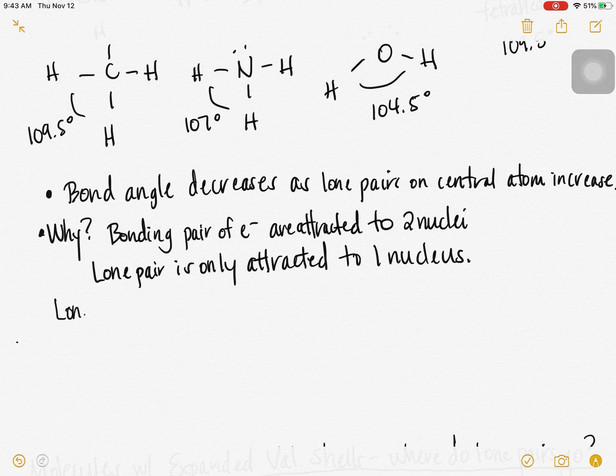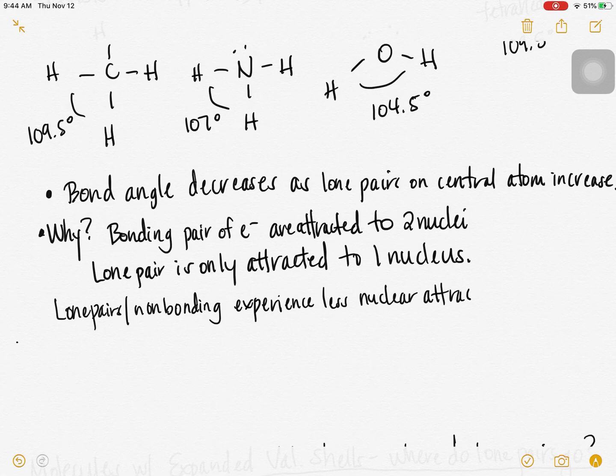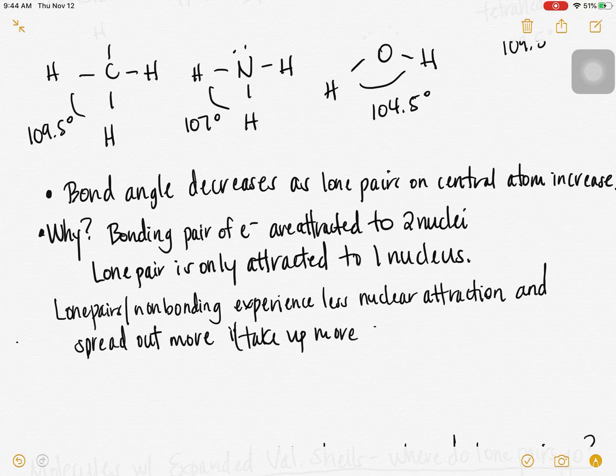And so because of that, the lone pairs, or they're also called non-bonding, experience less nuclear attraction and they kind of spread out more, and that means they take up more space.